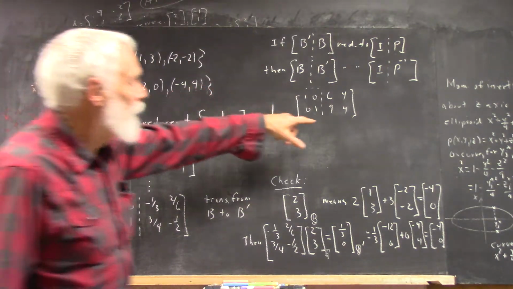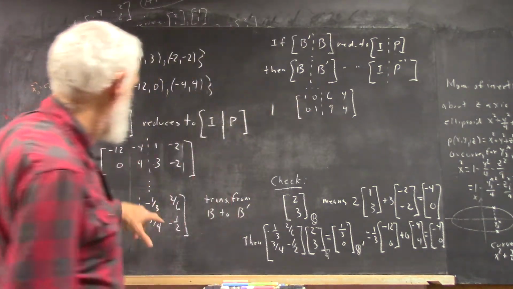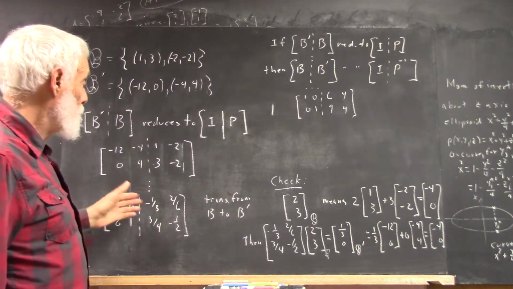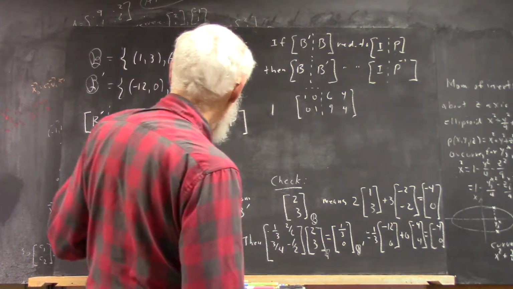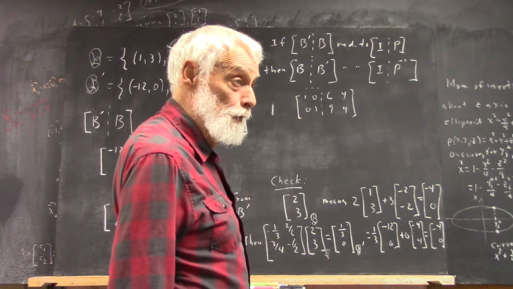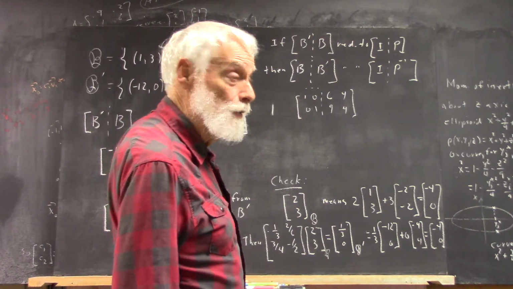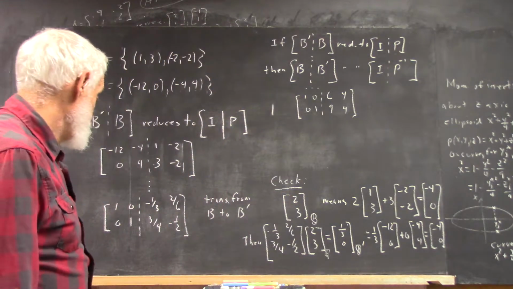Okay, so anyhow, is this the inverse of this? Well, I multiplied the first row by the first column, got 1, right? And I multiplied the first row by the second column and got 0. So I'm pretty well convinced it is, but I didn't do the second row, okay?